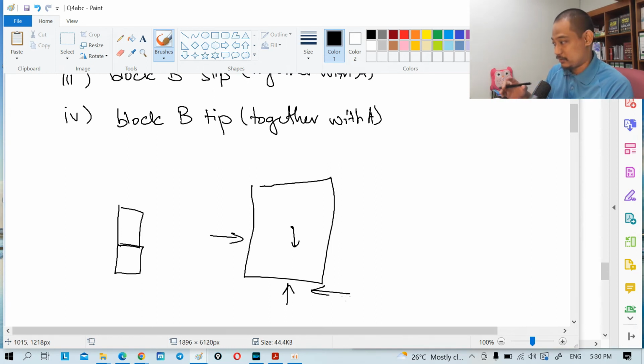But static requires both force and moment to be in equilibrium, equal to zero. Now, in terms of moment, it's no longer equilibrium because this force and the friction create rotation like that. So there must be something that counters this to make it equilibrium.